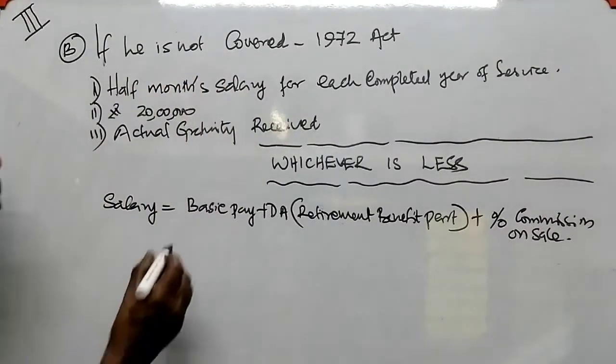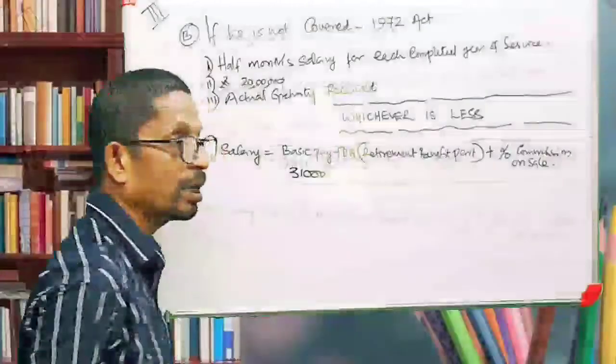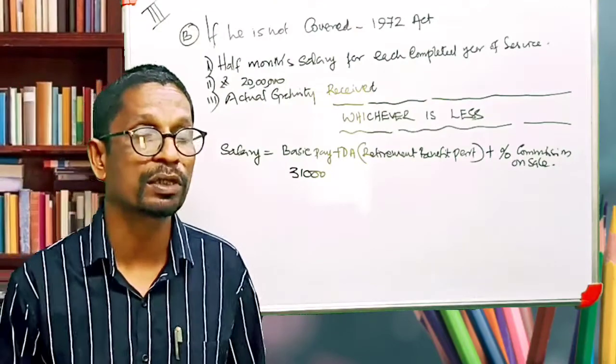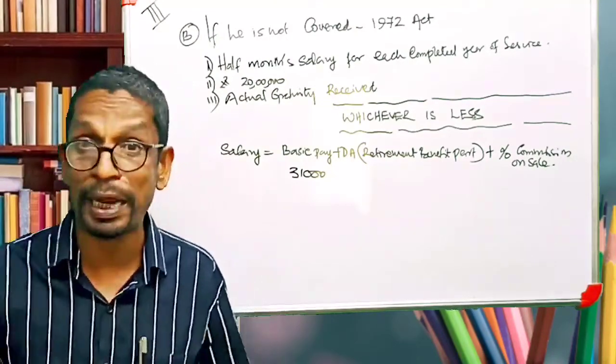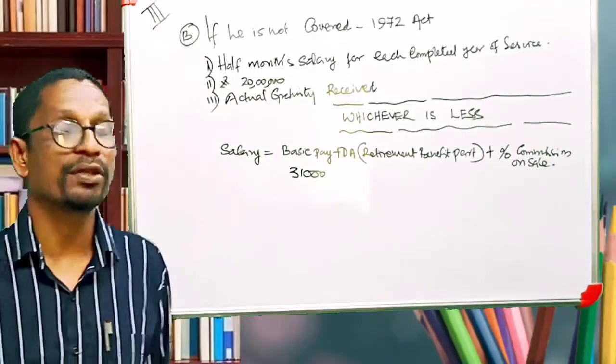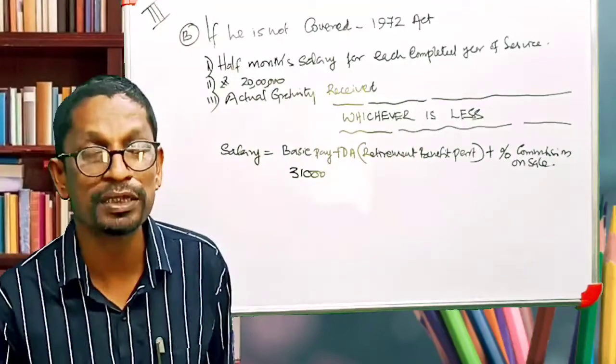So we can check now, basic pay how much? 31,000. His total DA how much is given? The total given is rupees 8,000, but in the bracket it was given 40% forming a part.